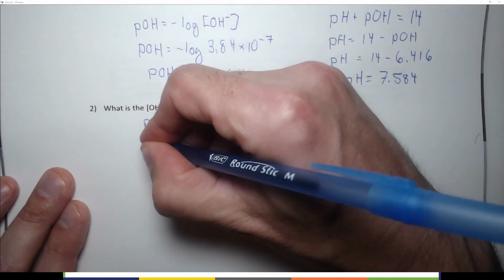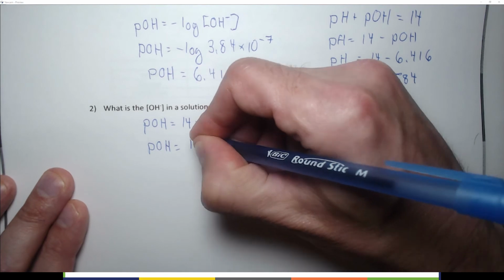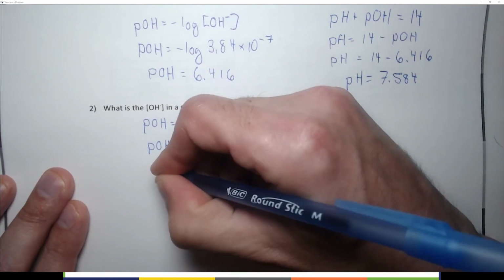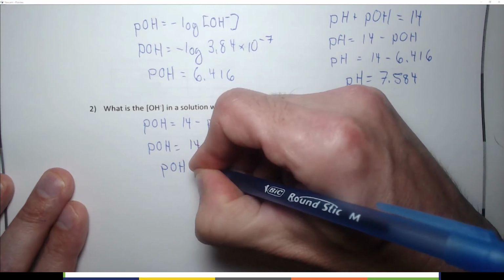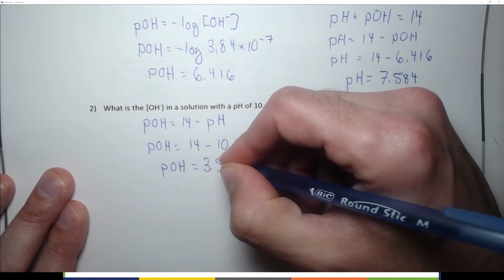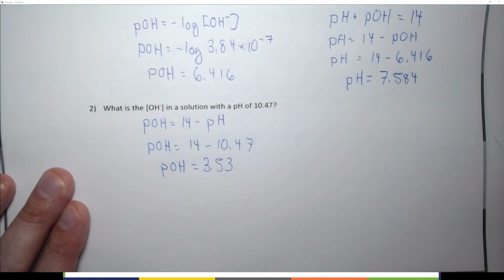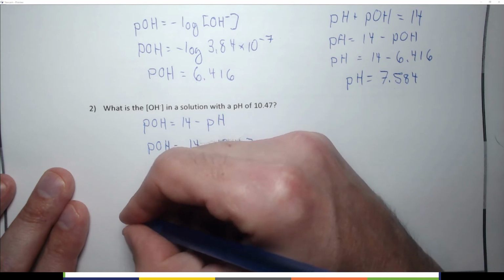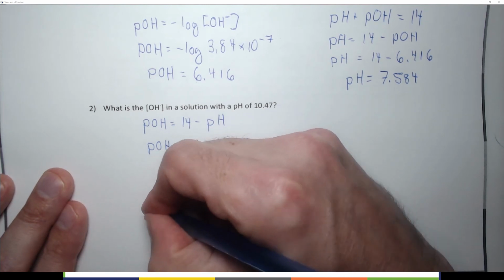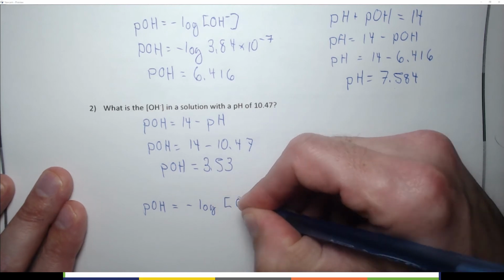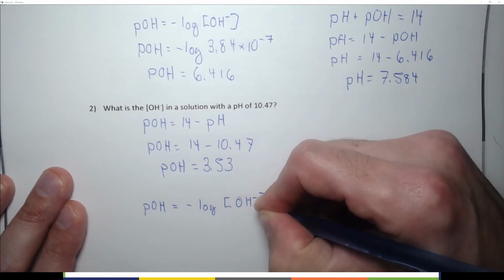So in this case, the pOH equals 14 minus 10.47, and the pOH is equal to 3.53.